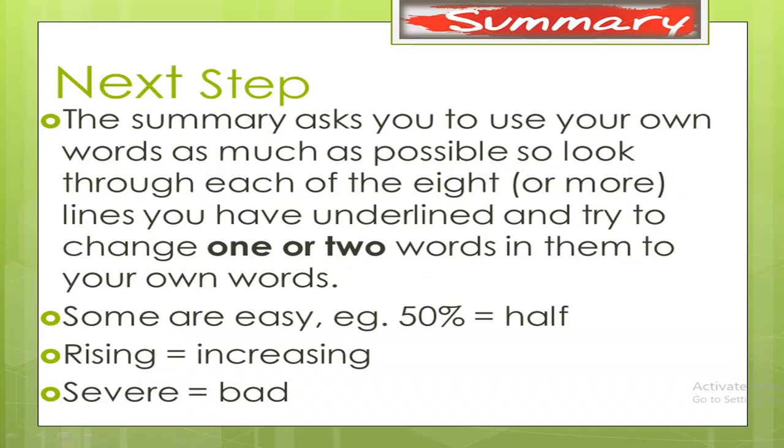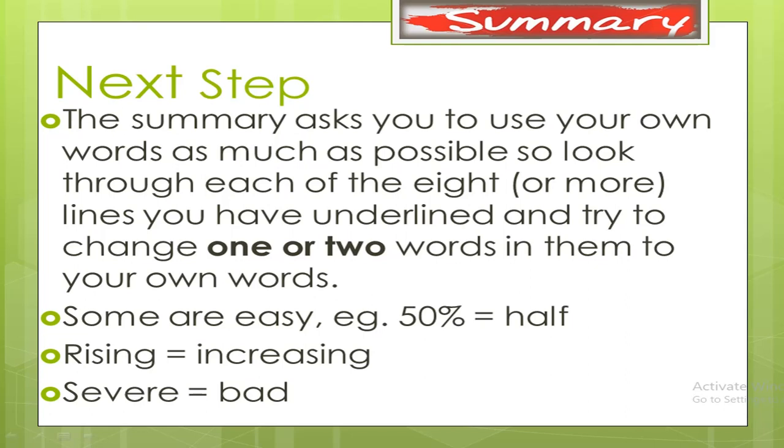We are in the next step now. The summary actually asks us to use our own words as much as possible. So what can we do in this case? We have to look through each of the eight or more lines we have underlined and try to change one or two words in them particularly to our own words. For example, we can take the word 50 percentage in digits. How can we convert it to an alternative?